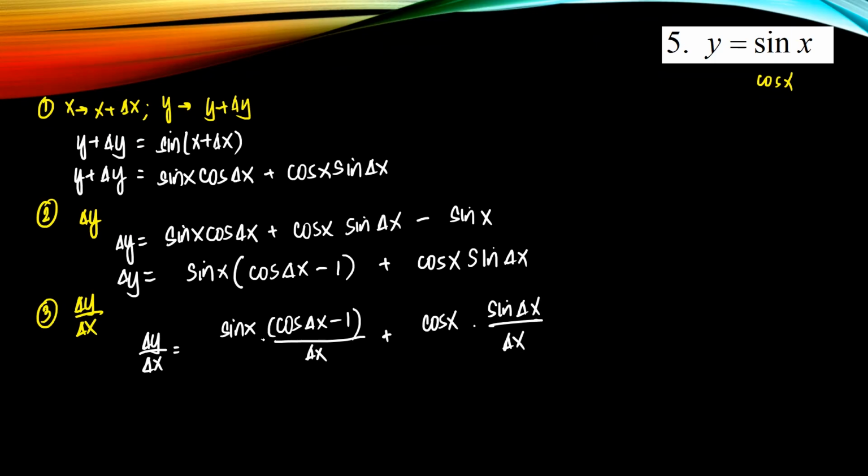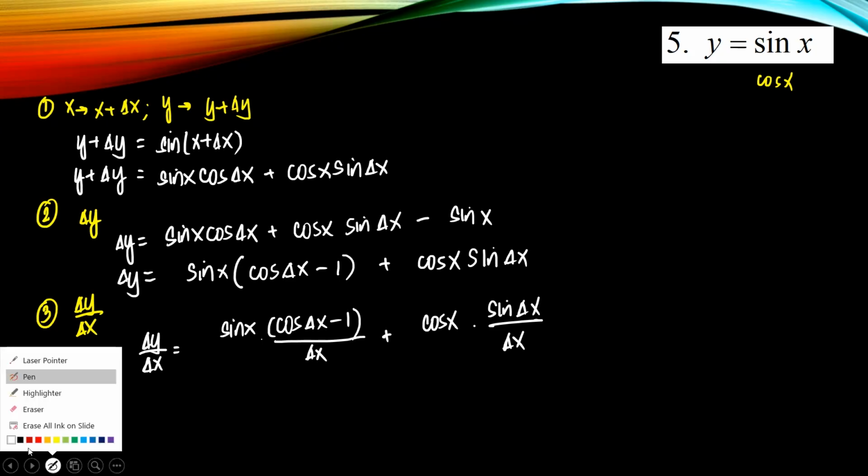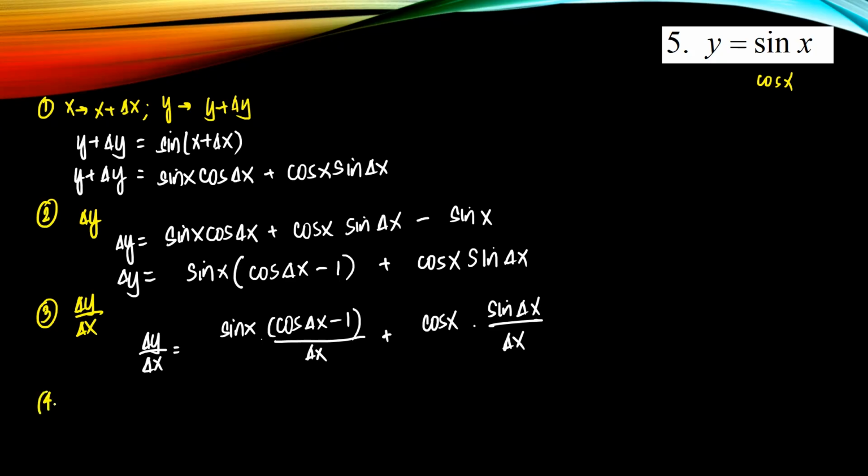Do you notice a pattern? What is this, guys? So far, nothing canceled out. But let's go to number 4. Solve for the limit as delta x approaches 0 of delta y over delta x.